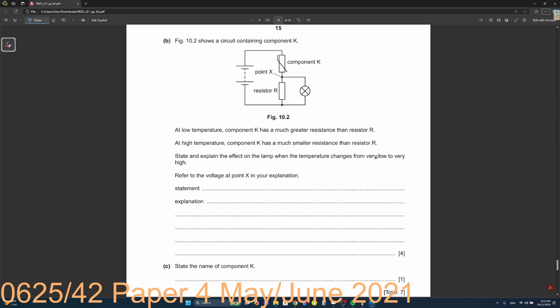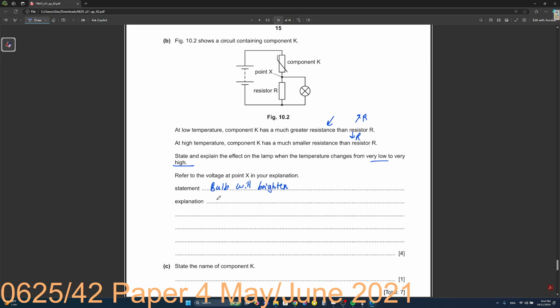Obviously, when we change from low to high temperatures, at low temperatures there's high R, and at high temperatures there's low R. Okay, what happens to the bulb if there's less resistance? Of course, the bulb will brighten, right? And why would it brighten?